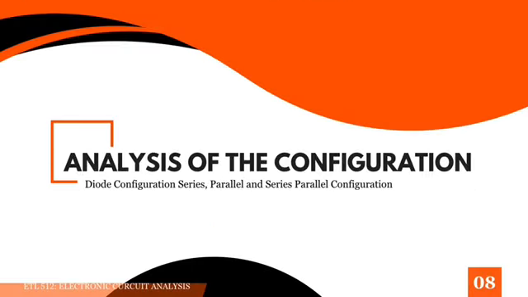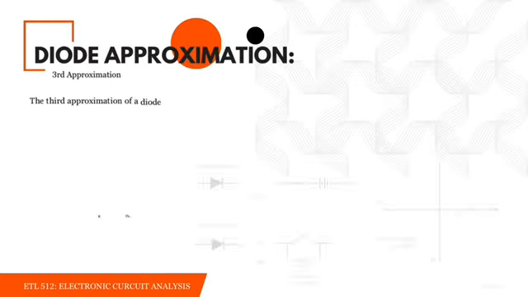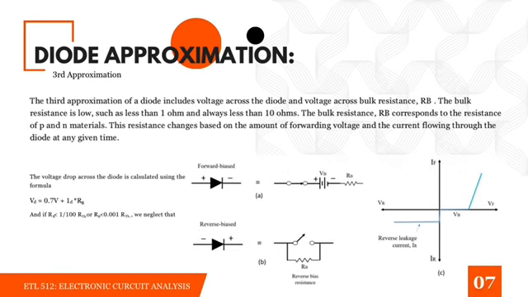The total voltage drop across the diode is calculated by adding a fixed voltage of 0.7 volts, which is typical for a silicon diode, to the product of the current flowing through the diode and the bulk resistance. In other words, the voltage drop is equal to 0.7 volts plus the current multiplied by the bulk resistance. If the bulk resistance is extremely small, less than 1/100th or 1/1000th of a reference resistance, it can be ignored without significantly affecting the accuracy of the model.